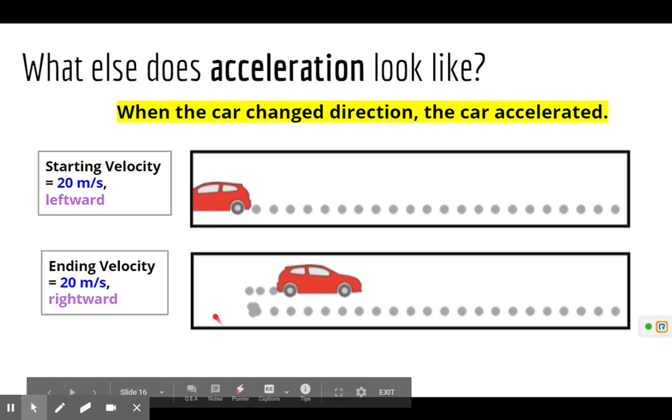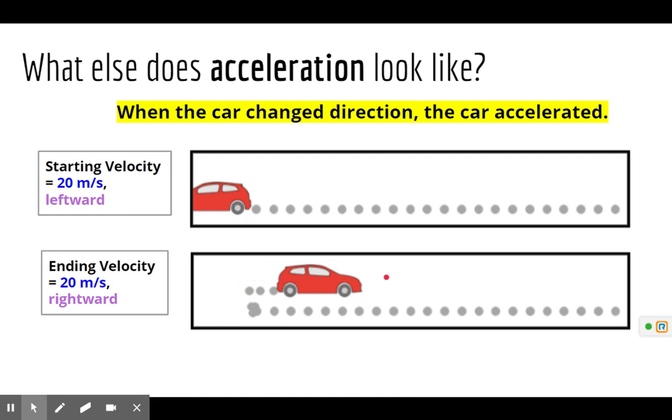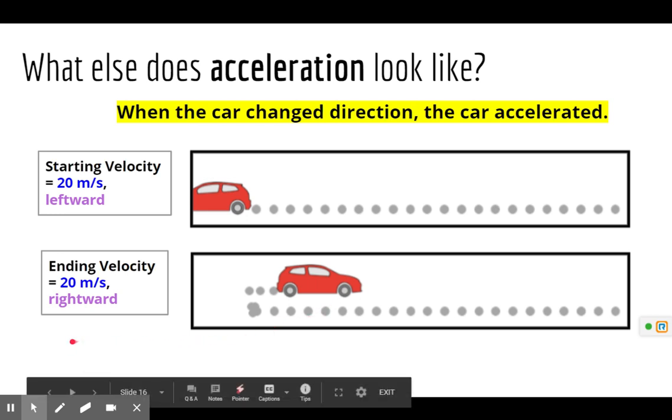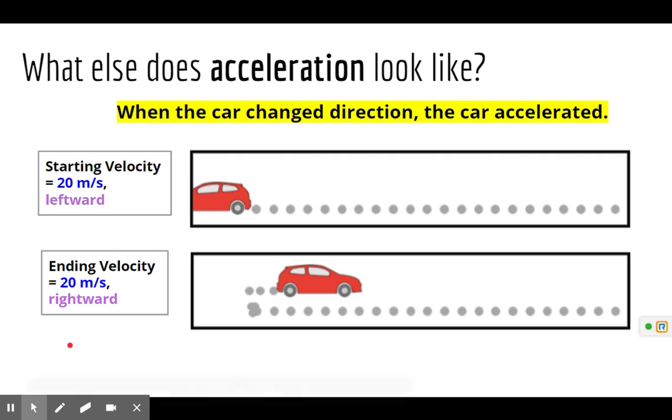In the second frame, we have the car with an ending velocity of 20 meters per second, so the same speed, but now it's in the right direction. If the direction changes, you have acceleration. When the car changed direction, the car accelerated.